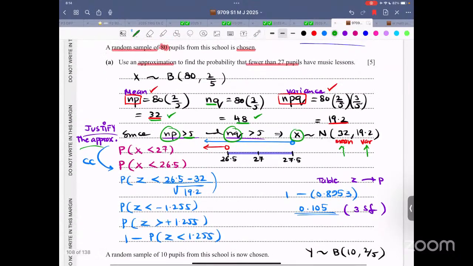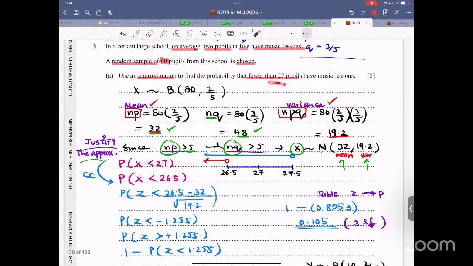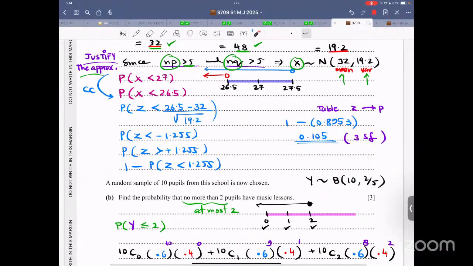Now look at this. They are giving us 5 marks and they have given us so little space. That is why it's all jumbled up over here. Now, then they are saying less than 27. Less than 27, what does it mean? You cannot use this value because this came from a discrete probability distribution. Binomial is discrete.